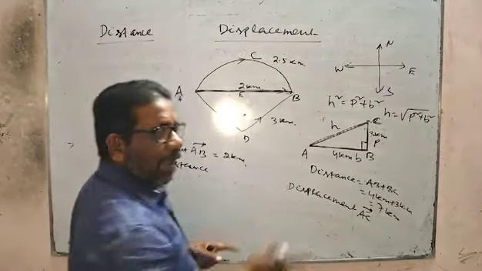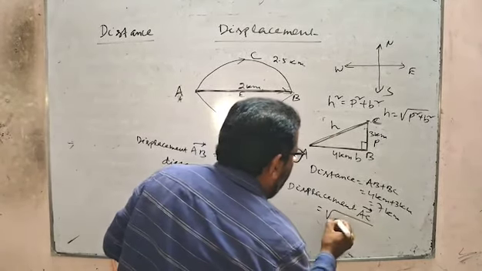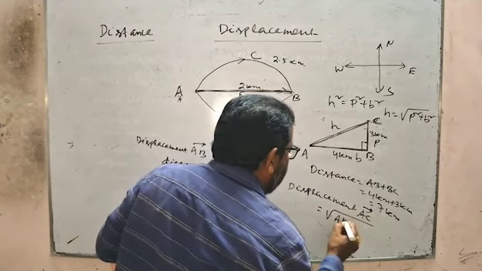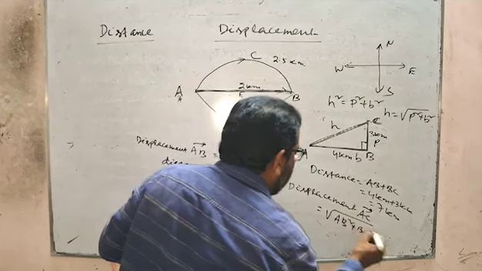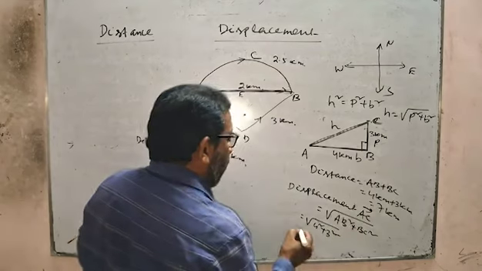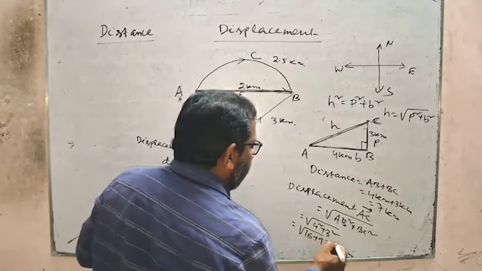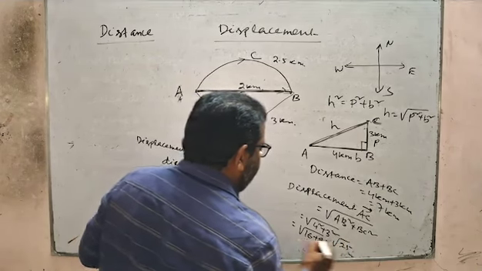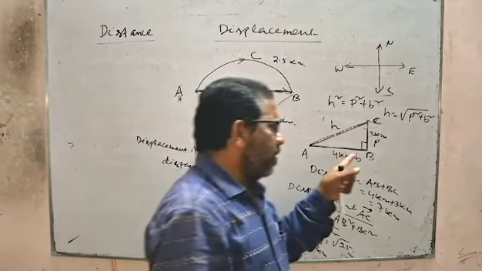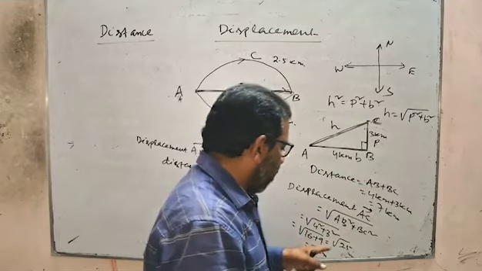AB square plus BC square is 4 square plus 3 square, 16 plus 9, root over 25, which is 5 kilometers. Here the distance covered by the body is 7 kilometers and the displacement is 5 kilometers.